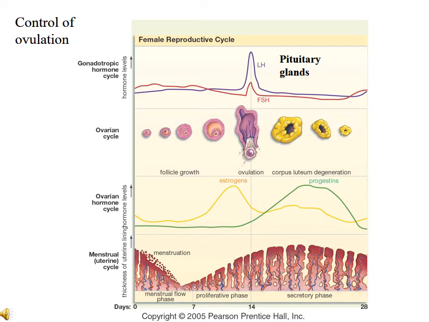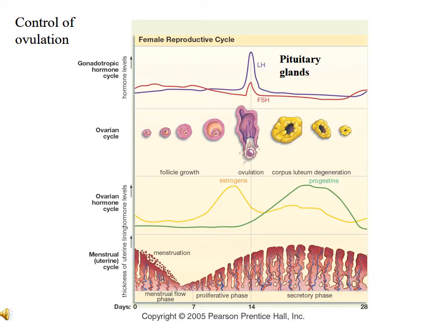How does this really work? All of this is controlled by a variety of chemicals either produced by the pituitary gland, like LH and FSH, or produced by the ovaries themselves, like estrogen and progesterone.